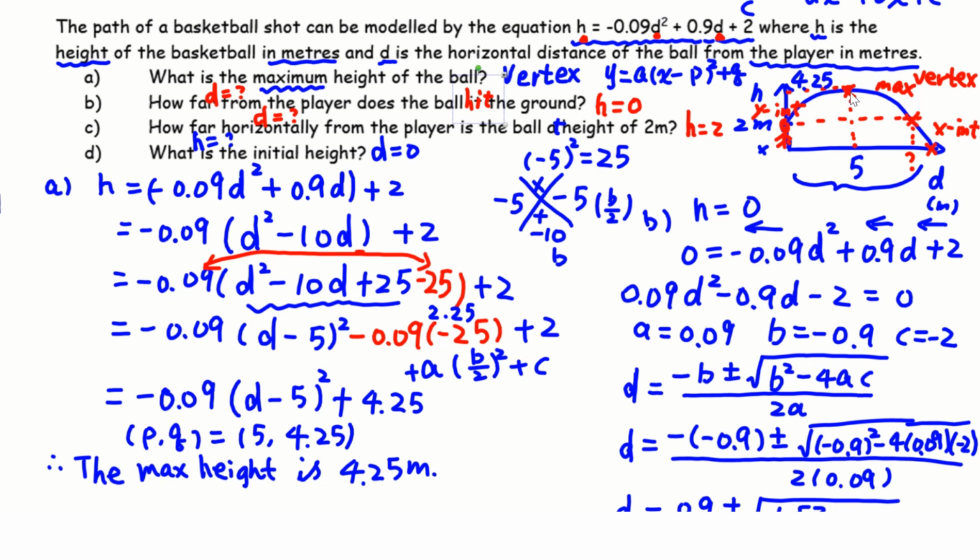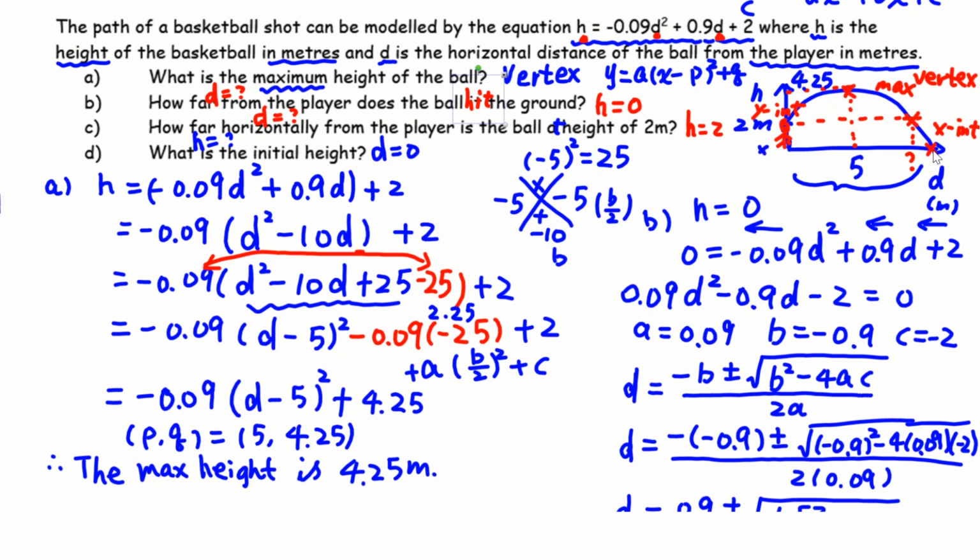For the vertex, if it's in standard form, use completing the square. So there are only 3 different types of questions: y-intercept, substitution; x-intercept, solving the equation by quadratic formula or factoring; vertex, completing the square, all from factored form.